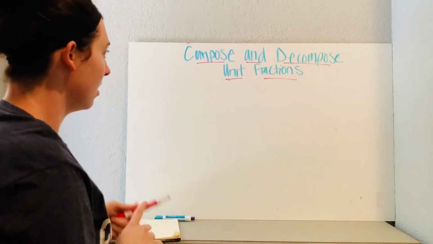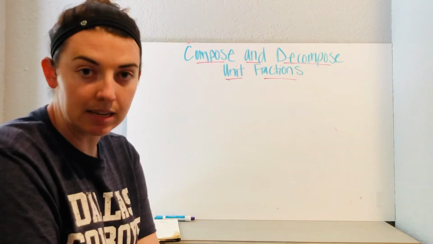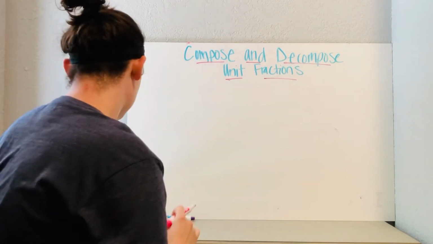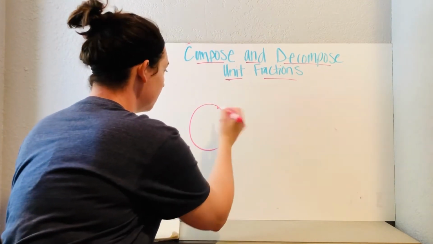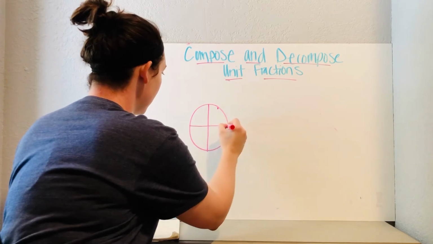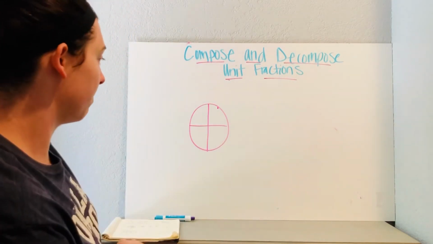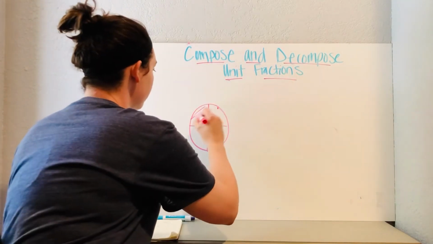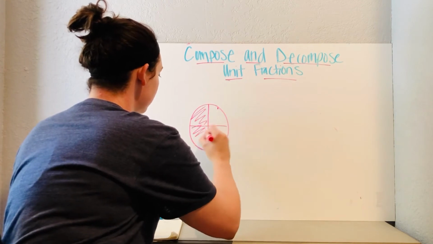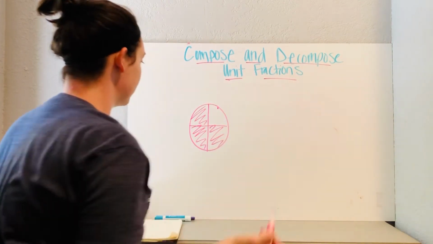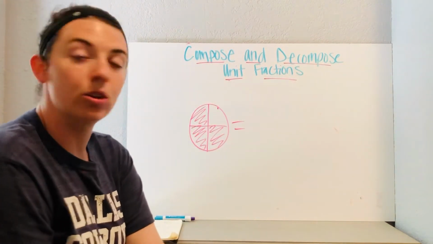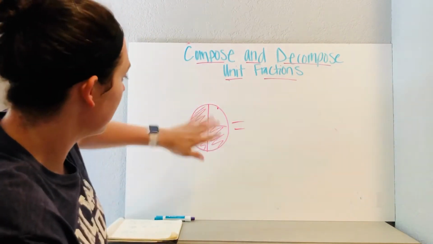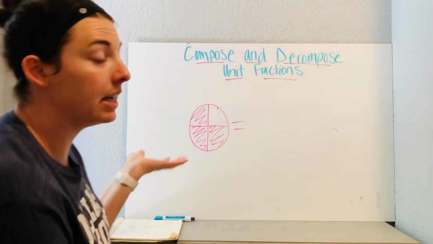Okay, so we just composed and decomposed some unit fractions. Now, we're going to pretend we have this pizza. It's cut in 4 equal pieces. Okay, we have 1 piece shaded, 2 pieces shaded, and 3 pieces shaded. How would we draw unit fractions to represent this? How many equal pieces do we have?